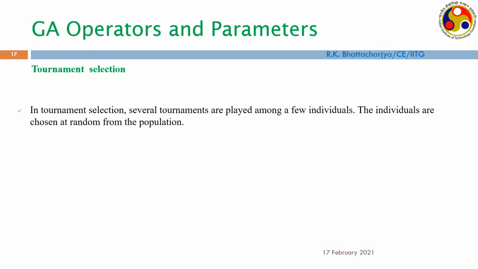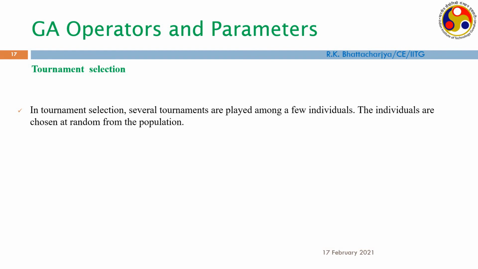In tournament selection, several tournaments are played among a few individuals. It may be two individuals, three, or four, but one will win the tournament, and the individuals are chosen at random from the population.